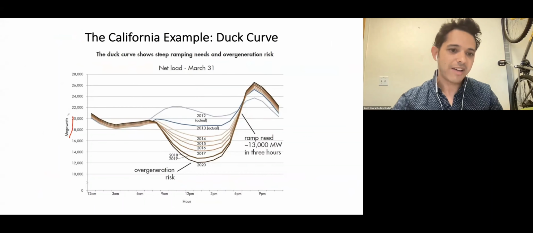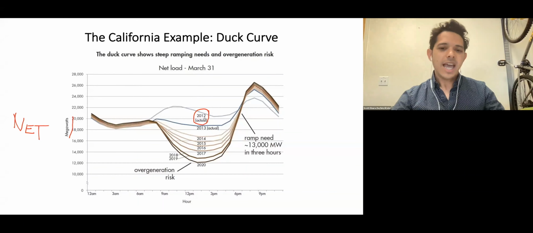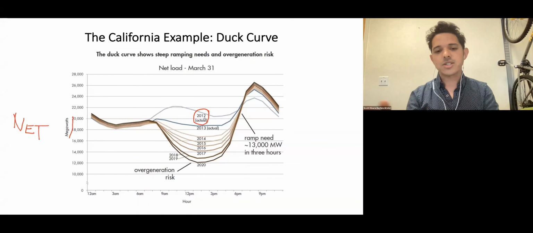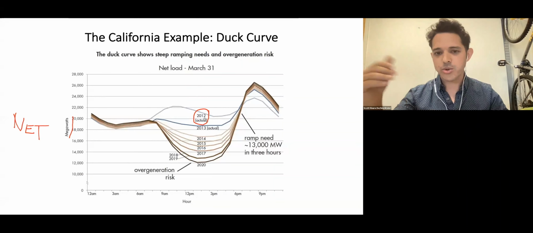And so this picture that you're looking at right here was developed in 2012, almost a decade ago, right? And the context in which this analysis was done was when the state of California was analyzing, is it sensible to have a policy of 33% renewables by the year 2020? What's going to be the impact on the grid, right?